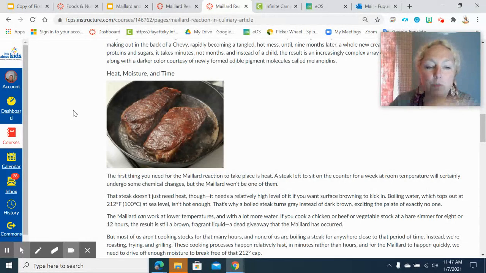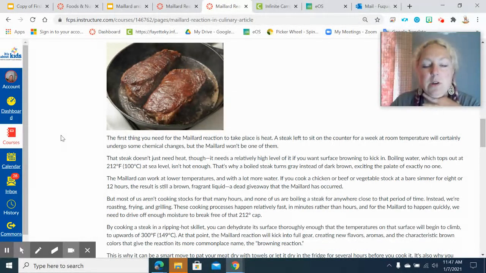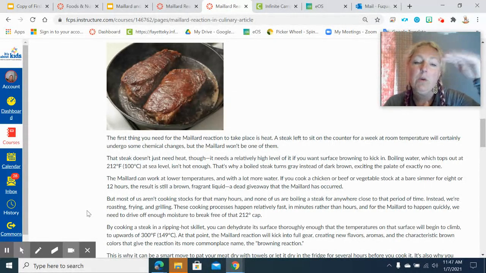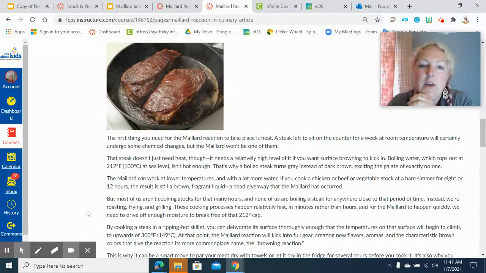Moist cooking, if you read down through this article, talks about the temperature at which this browning can occur. And the temperature range is high. We fry, we deep fry, we pan sear, we grill, we roast. We go at these high temperatures, and water is only ever going to reach about 212 degrees.